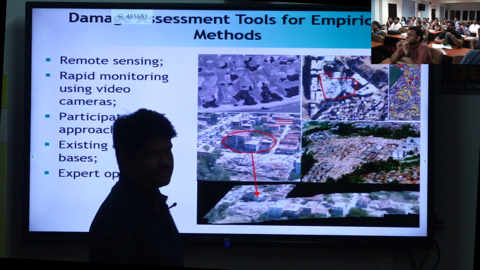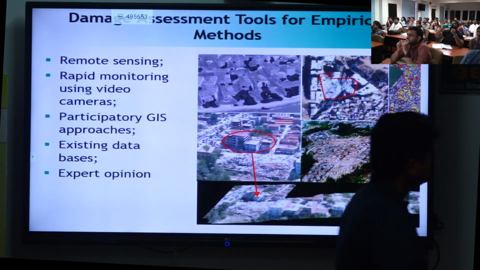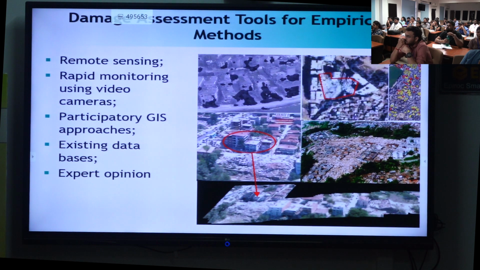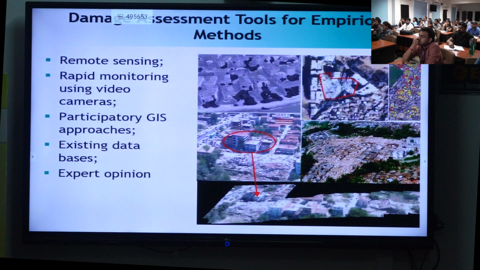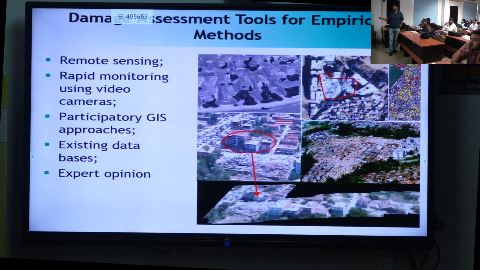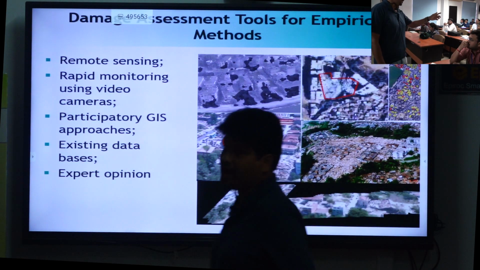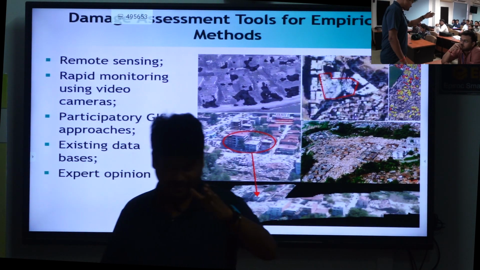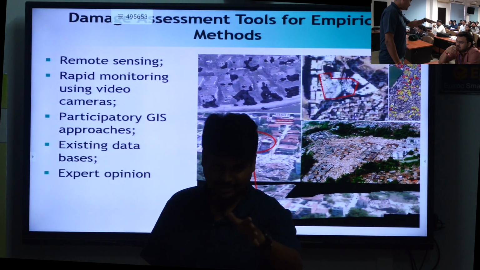Now let's take a look at damage assessment tools for empirical based methods. One simple example here: we can use the remote sensing data. Right. When an event has happened, obviously you can also do a quick estimation of the damage that has happened, provided you have the data just after the event.